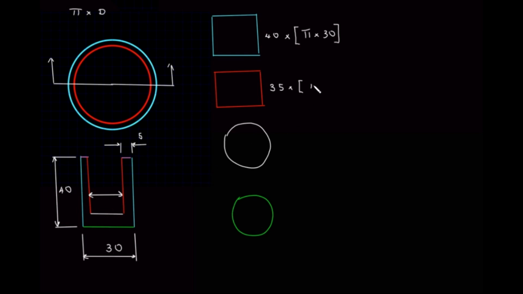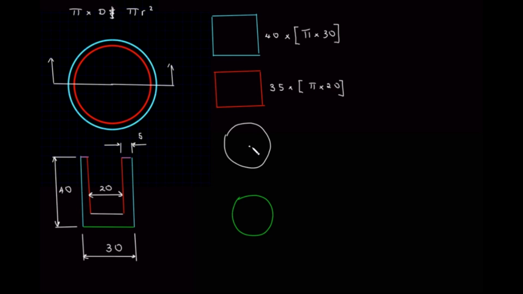So we have pi times 20. Let me put that in there. Now that's handy because that now gives us the diameter of this one here. Now the area, that's for the circumference. Right? The area is pi r squared, where r is the radius, which is half the diameter.